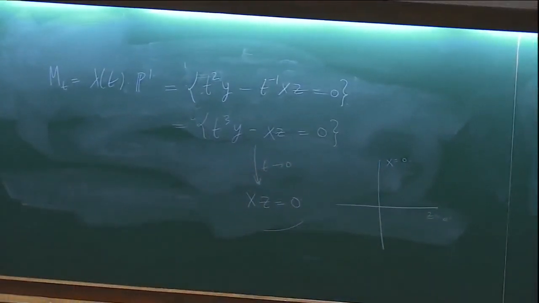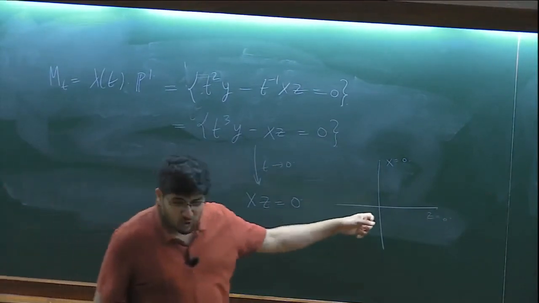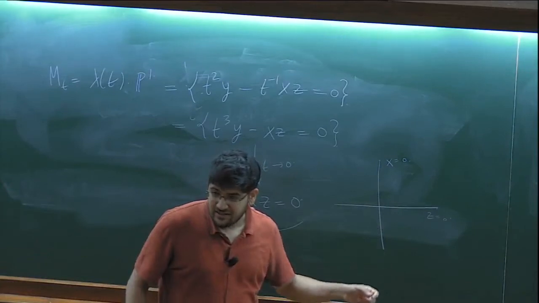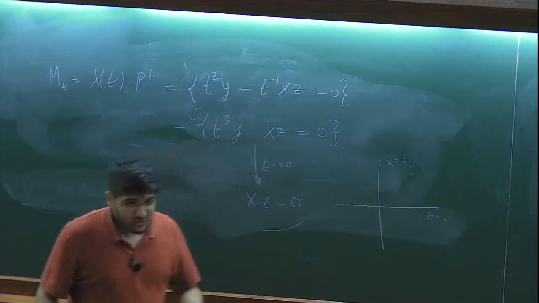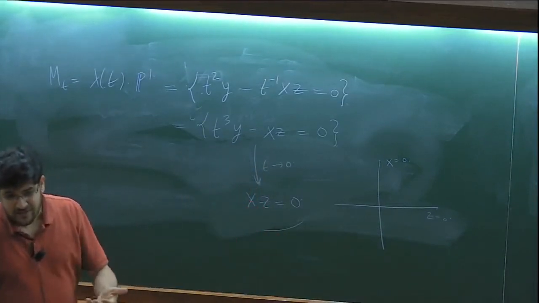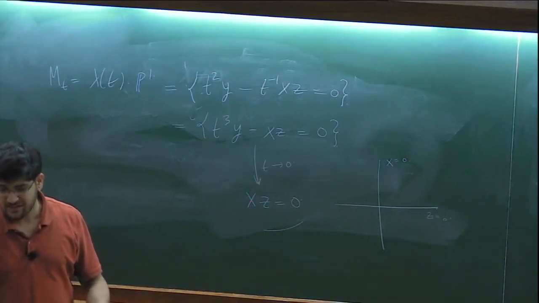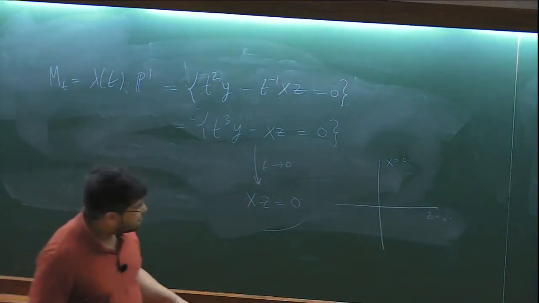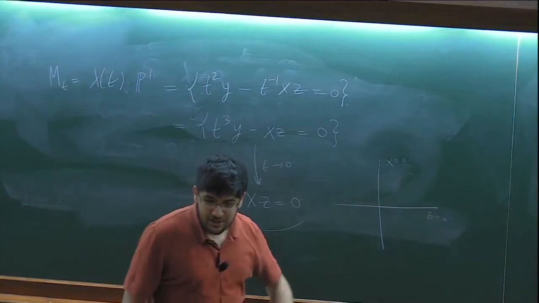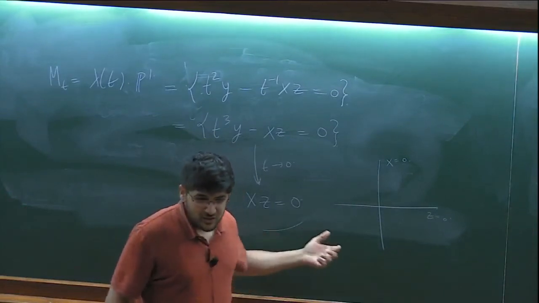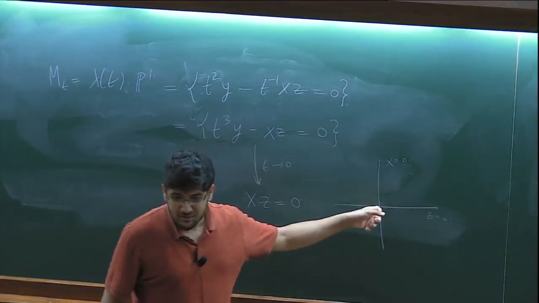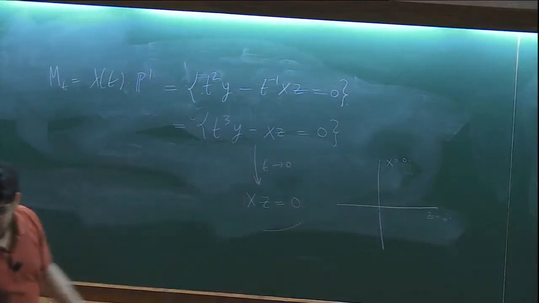In particular, I should have said this is a non-example because it is not a normal variety. A quick way to see this is that the codimension of the singular set has to be at least 2. But here the dimension itself is 1. So if it's normal, it cannot be singular. But this is singular, so it's not normal.